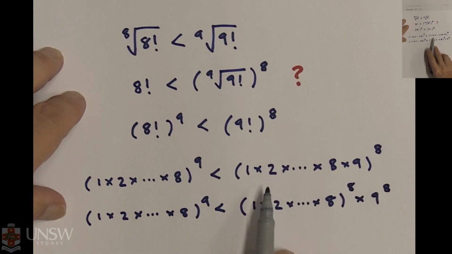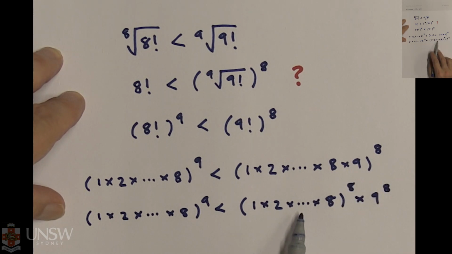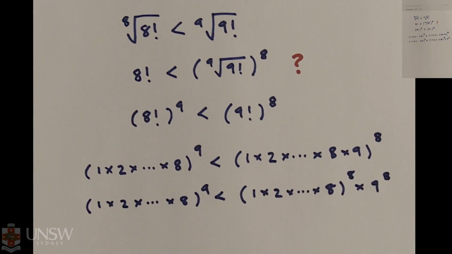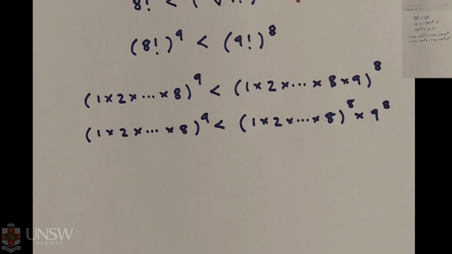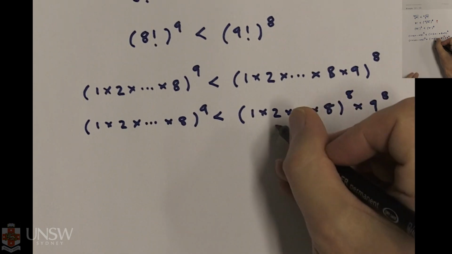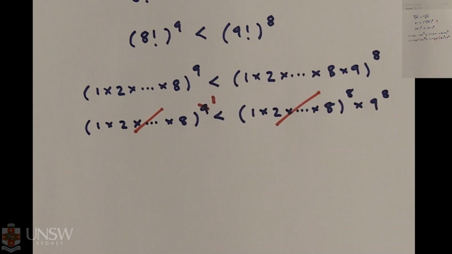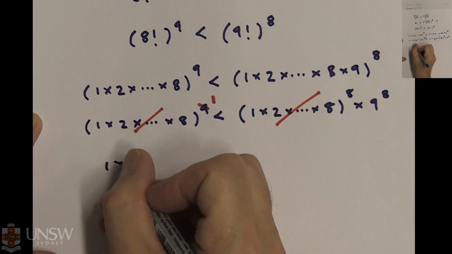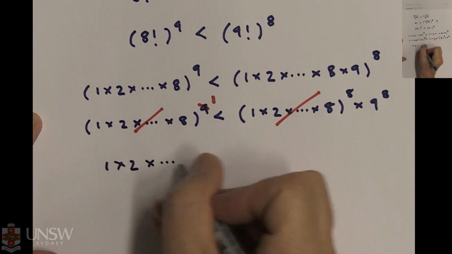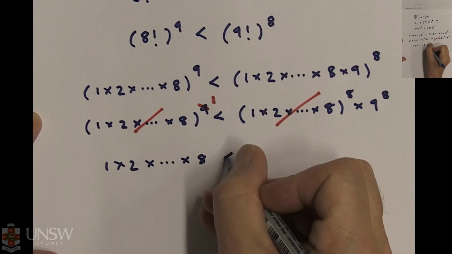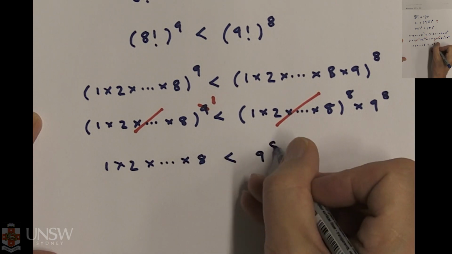That's an instance of the law xy to the power 8 is x to the 8 times y to the power 8. I can then clearly cancel a lot of things here. Most of that will go, leaving just 1 factor there. And so I'll write it this way. 1 times 2, etc., times 8 is less than 9 to the 8.